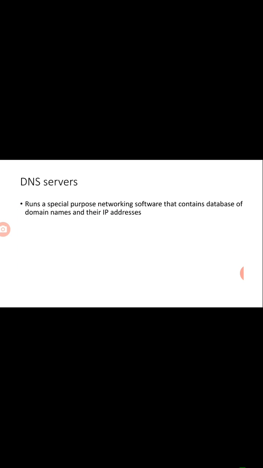At the top level, there are 13 root servers that contain name server information for all the top level domains like .com, .org, and country domains like .in, .uk, .us, .au, etc. These are the geographical domain names as well as the generic domain names. Several copies of these root servers are placed in different locations around the whole globe.